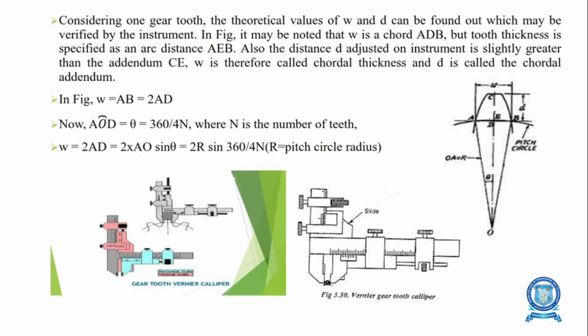Here we are going to consider one gear tooth. The theoretical values of W and D can be found, or may be verified, by the instrument. It may be noted that W is the chord ADB, as we saw in this figure, but tooth thickness is specified as an arc distance AEB.